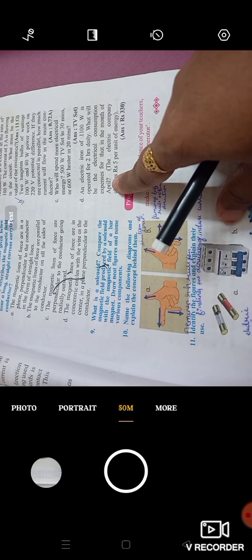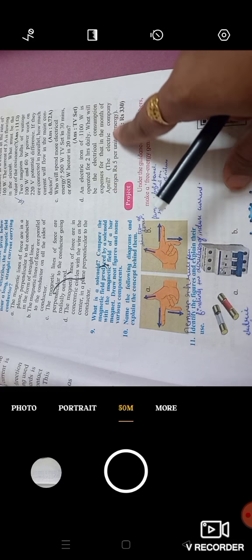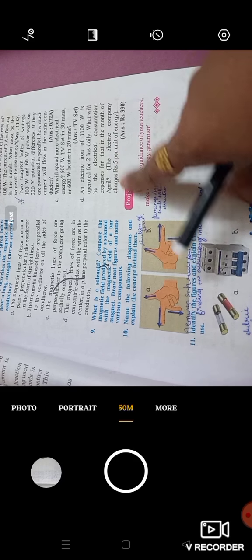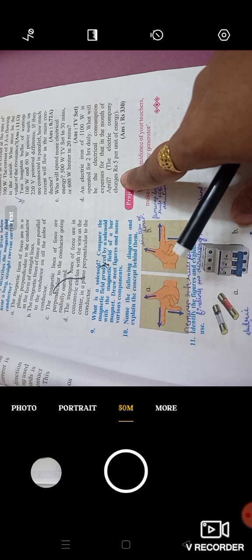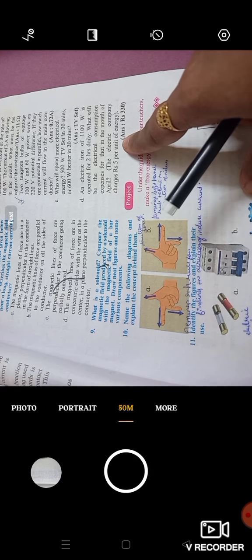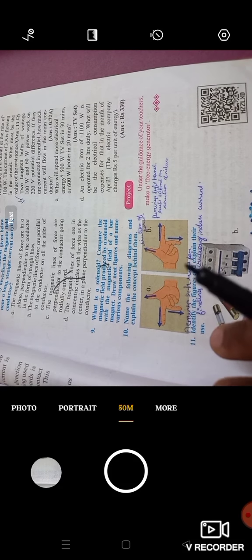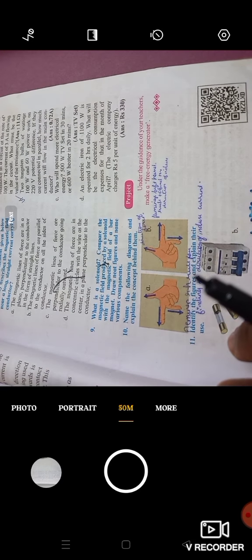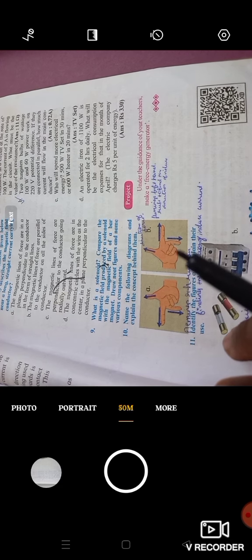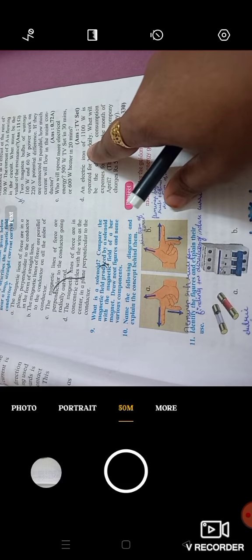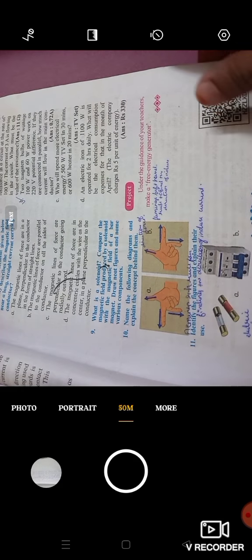We have to calculate the electrical consumption expenses for the month of April, and in the bracket the charge per unit is given. The electric company is charging 5 rupees per unit. So we will first calculate how many units of energy the electric iron has consumed in the month of April.